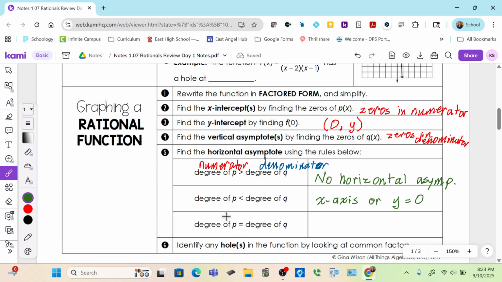If the degree of the numerator and the denominator are equal, then the horizontal asymptote is the ratio of the leading coefficients, the leading coefficient of the numerator to the leading coefficient of the denominator.